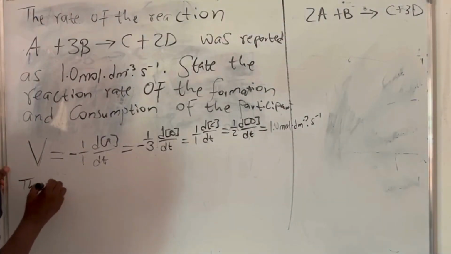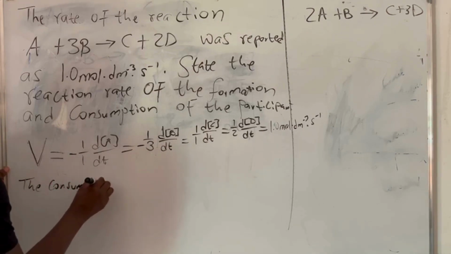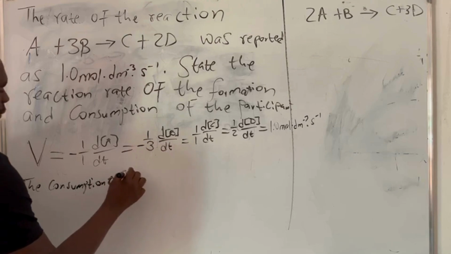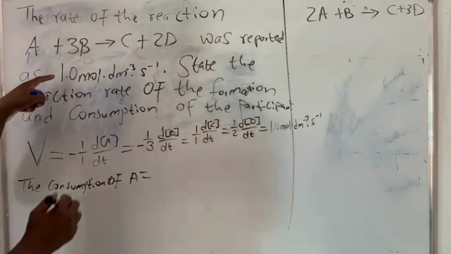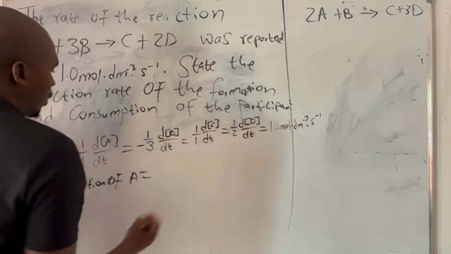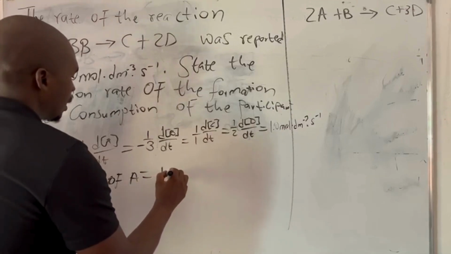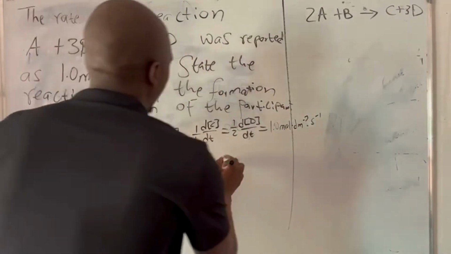The consumption of A is equal to what? If you check it out, we have only dA over dt being equal to 1. So this means it will be 1 mole per decimeter cube per second.